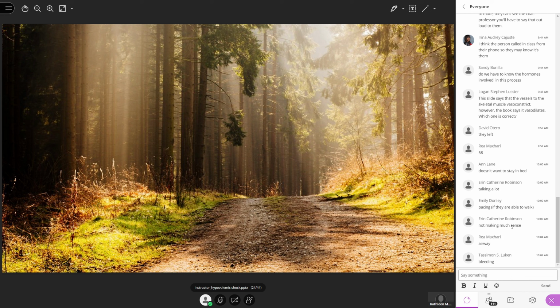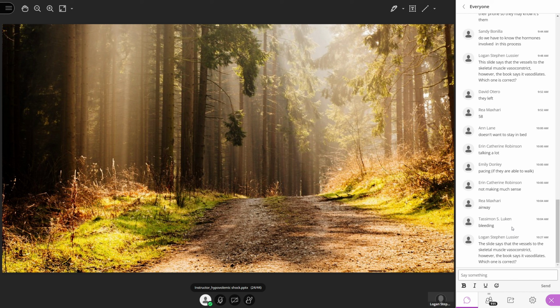Logan. Yeah, one of the slides says that during hemorrhagic shock, the vessels to the skeletal muscles will vasoconstrict. In the book, under class 2 compensatory shock, it says that they will vasodilate to the skeletal muscles.